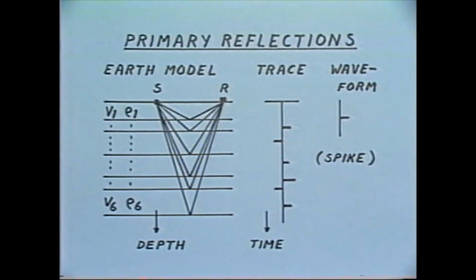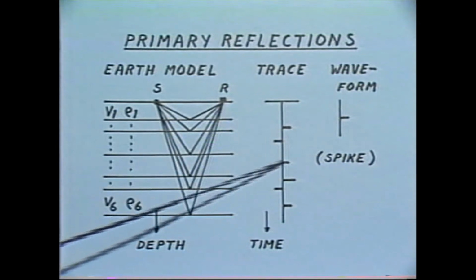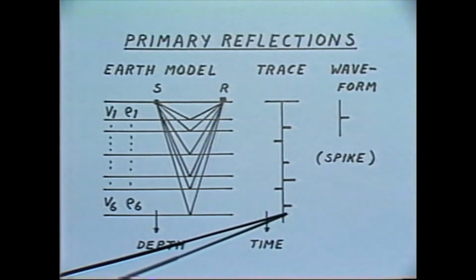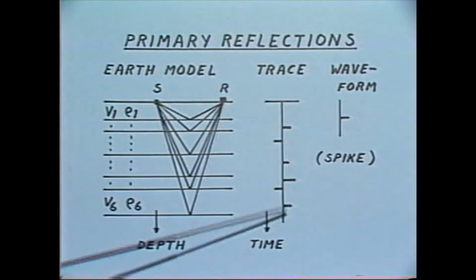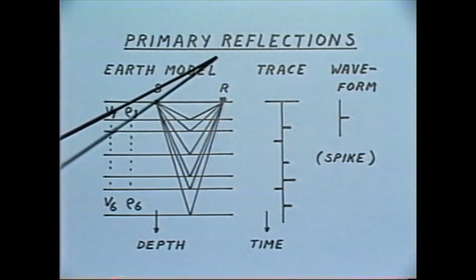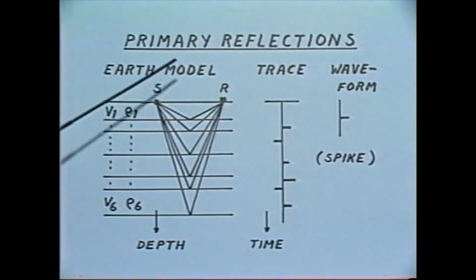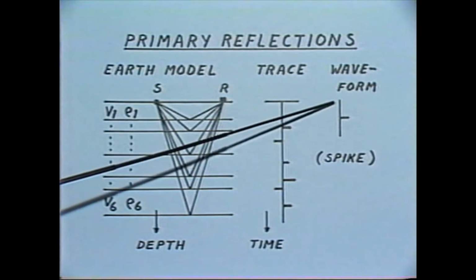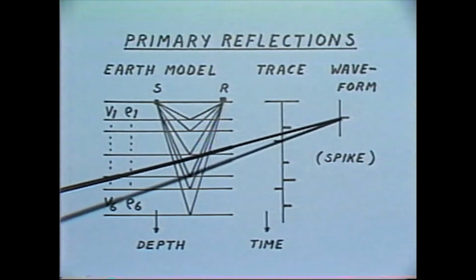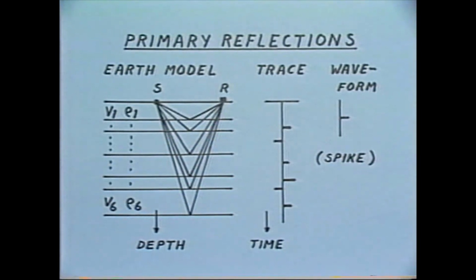But for the moment, then, we're only concerned with the fact that this is the type of trace we would obtain if we saw only the primary reflections, which are really the only ones we want to see, and if the waveform of the seismic energy was just a sharp impulse or a spike.